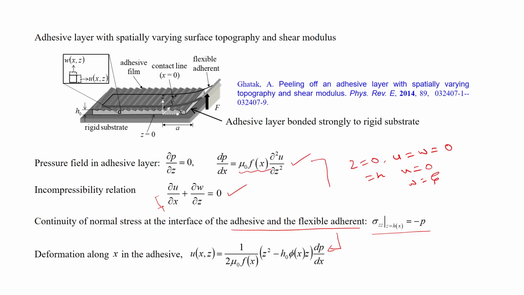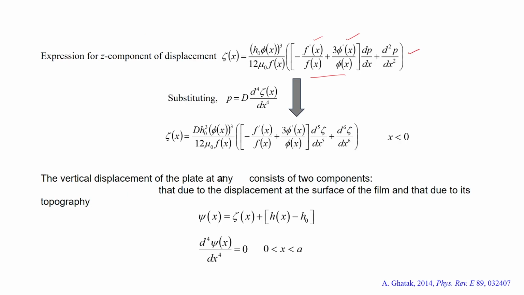The film undergoes deformation over and above its undulatory topography, and the bending force because of that is P equal to D times d^4 zeta/dx^4. We substitute this P into this equation, and finally we have this sixth order equation.